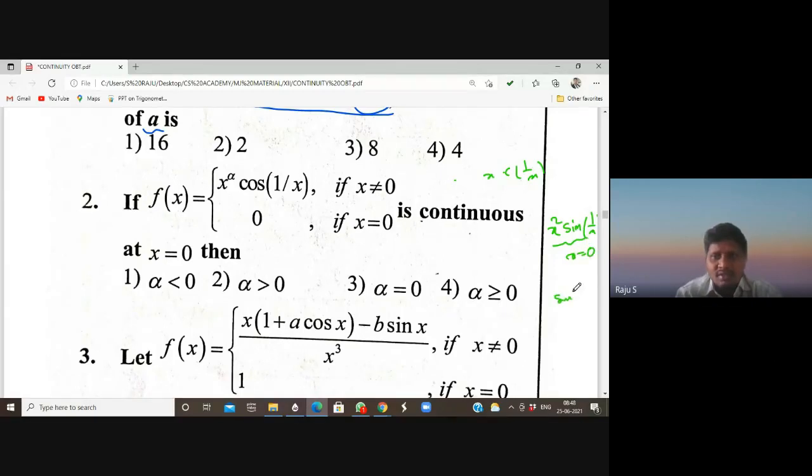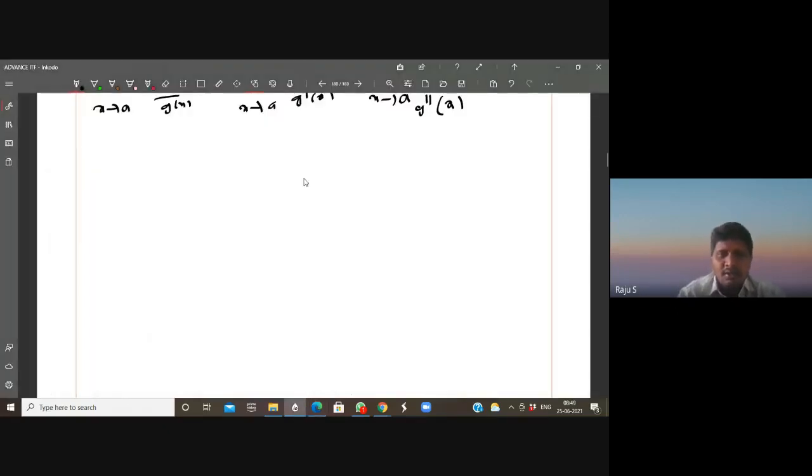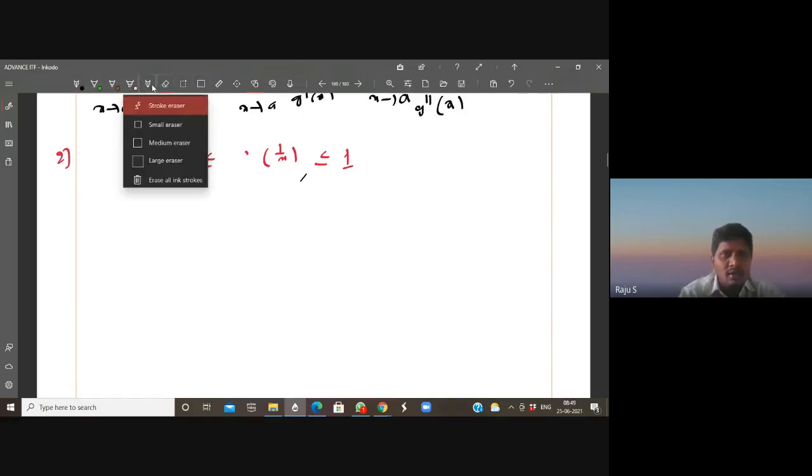Because first, sine 1 by x lies between minus 1 and 1. Here also cos 1 by x lies between minus 1 and 1. Whatever value you give, sine 1 by x lies between minus 1 and 1. Now in the question they have given cos, so you can take cos here.